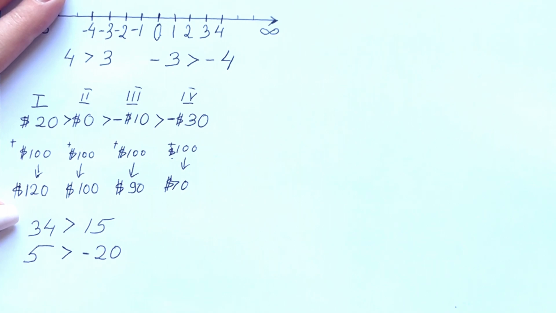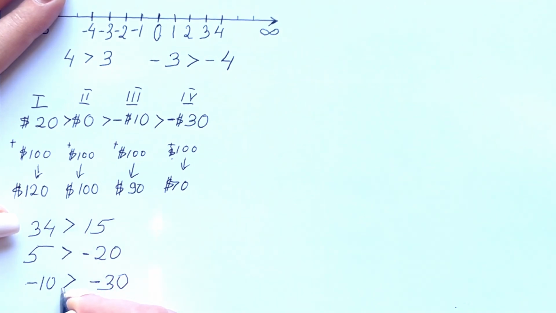Yes? Okay, what if I tell you negative 10 and negative 30? This is the only tricky part, when you have two negative numbers. In this situation, the number that looks smaller, negative 10, is actually greater because it's further to the right on the number line than negative 30.